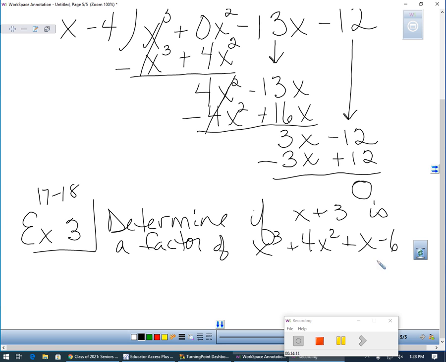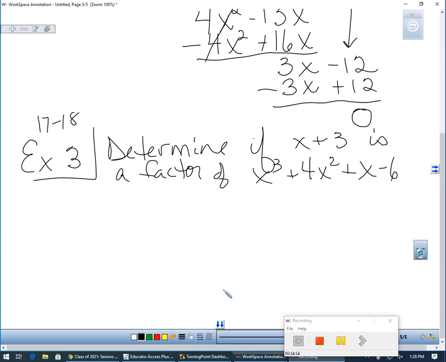Oh, minus 6. Change it up. All right. So if I want to know if it's a factor, I want to divide it. And if it is, what's going to happen? Yes, you'll have no remainder, right? That's all we got to do.